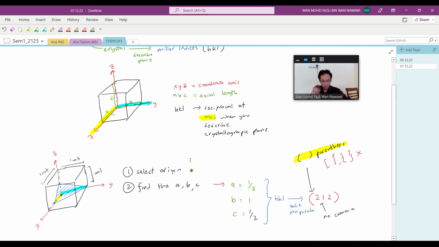Let's say, if you look here, all these planes intersect at a point on the axis. But if the plane is not intersecting, you need to view it as infinity.